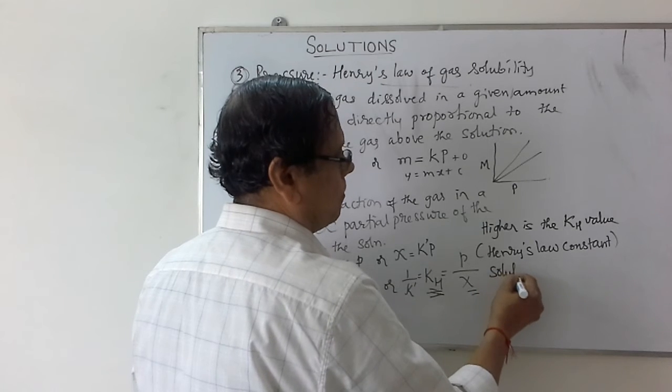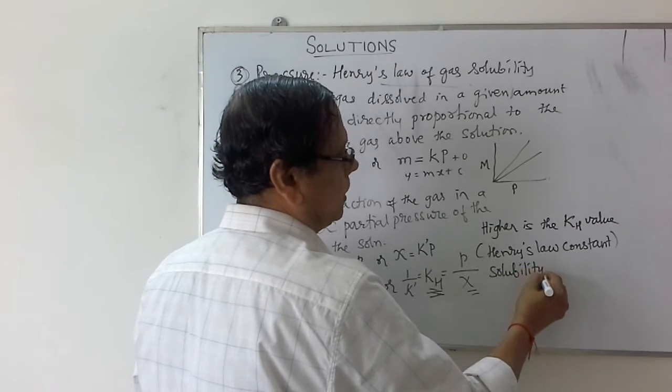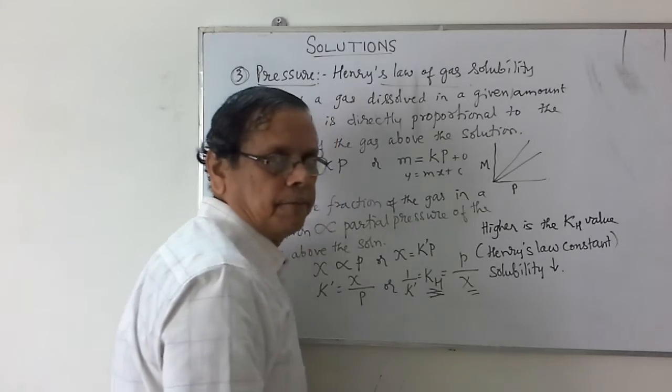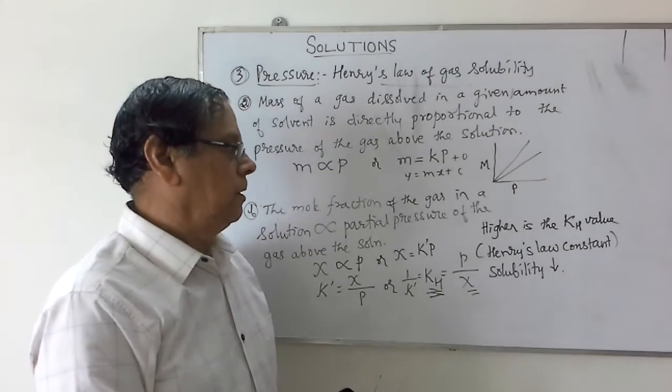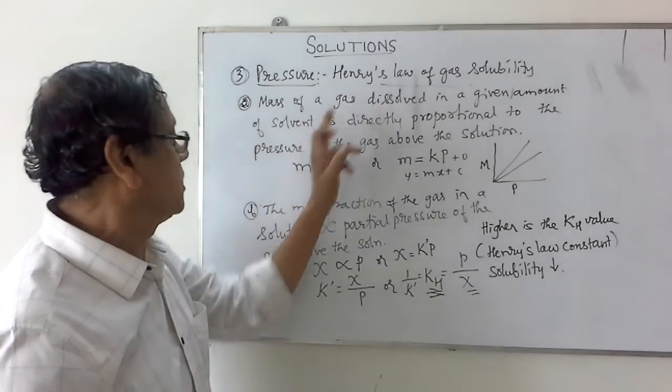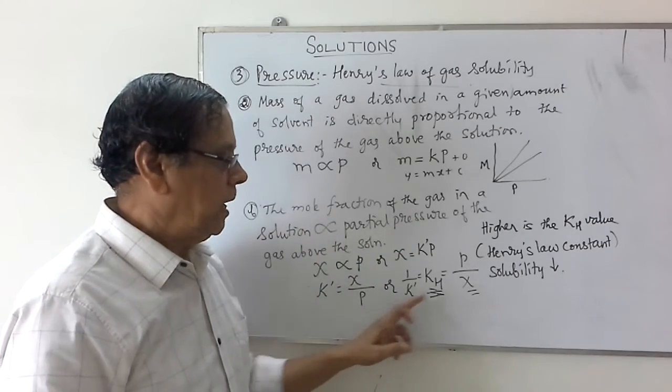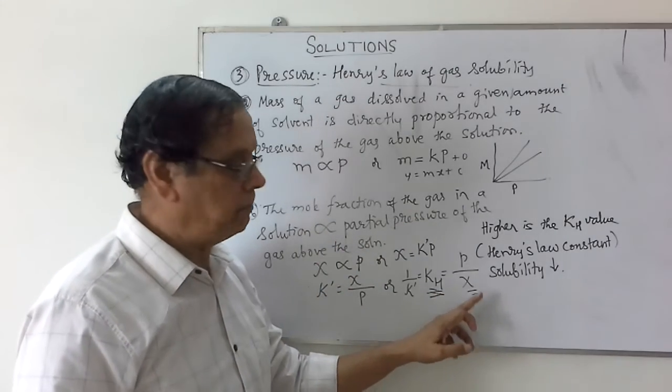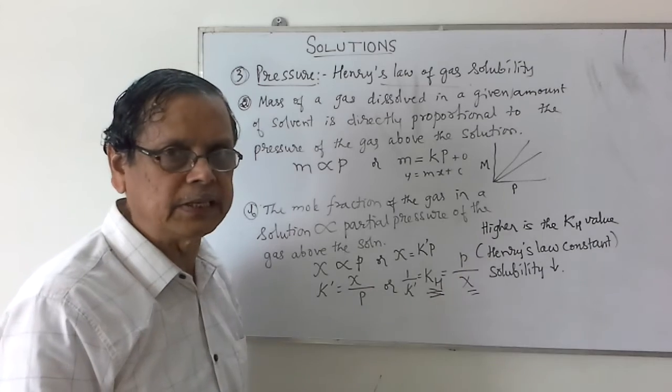Solubility decreases. So this is the effect of the pressure on the mole fraction. Higher the KH value, lesser is the mole fraction. But as the pressure increases, solubility increases.